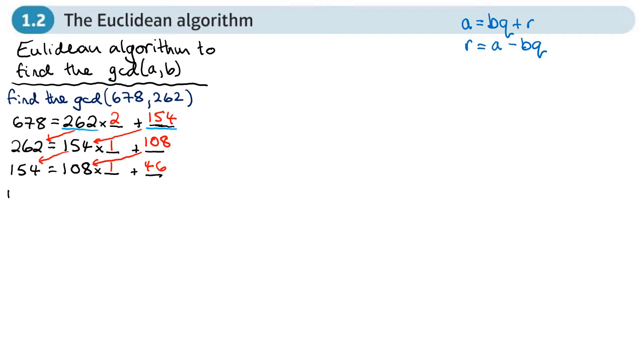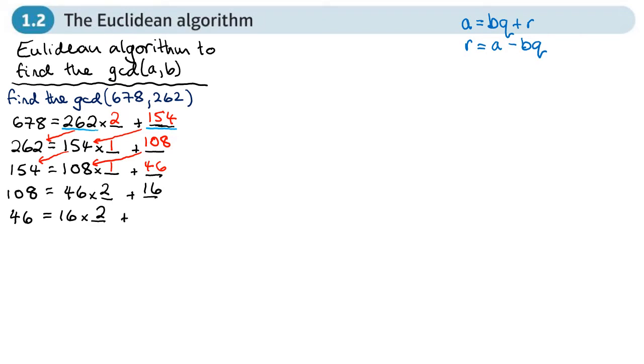So 108 over here is equal now to 46 times by something plus a remainder, and it's actually 46 times by 2 with a remainder of 16. So you'll be using your calculator to help you work these out. The 46 shifts across to here, so it's going to be 46 equals 16 times by, in this case it's 2, that'll be 32.